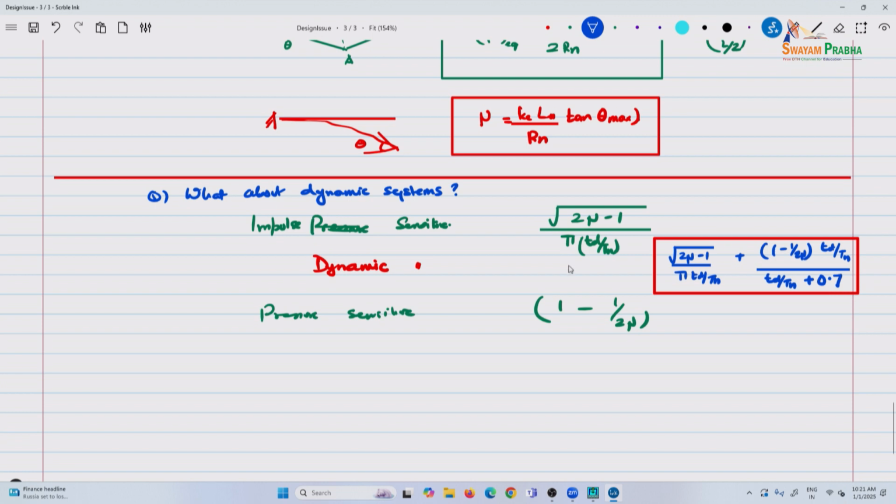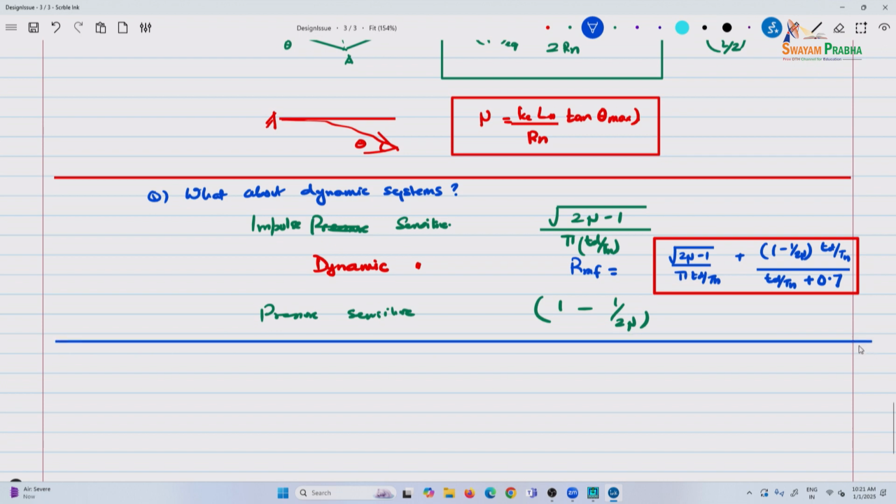So, you can consider the RMF used for dynamic systems is something like this. So once again, the pressure sensitive systems 1 minus 1 by 2 mu, then square root of 2 mu minus 1 pi Td by Tn, then 1 minus 1 by 2 mu, Td by Tn plus 0.7.